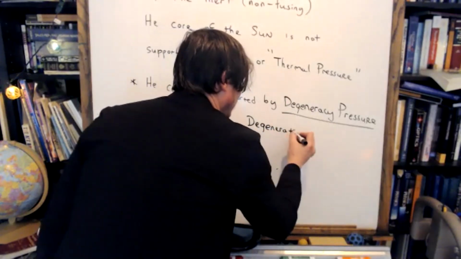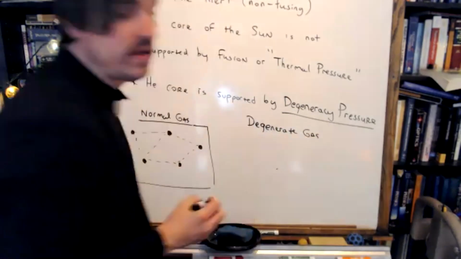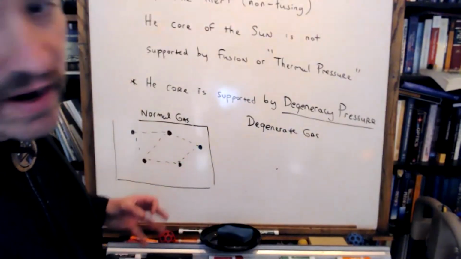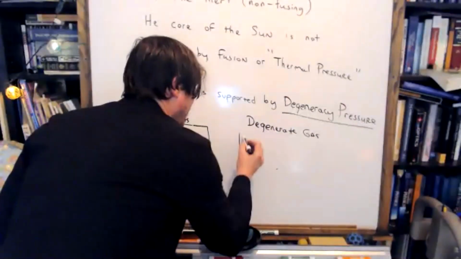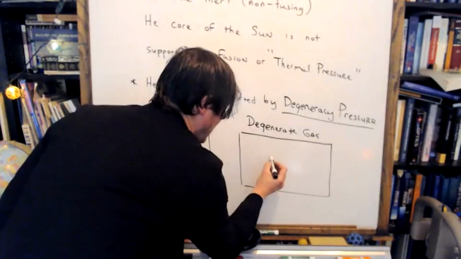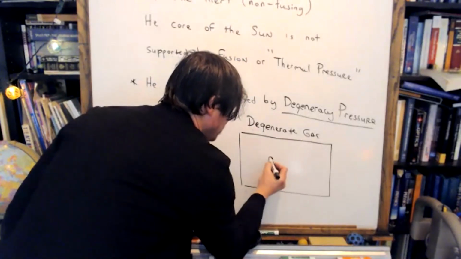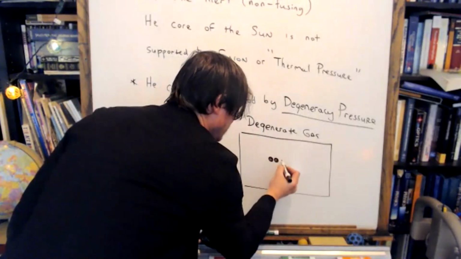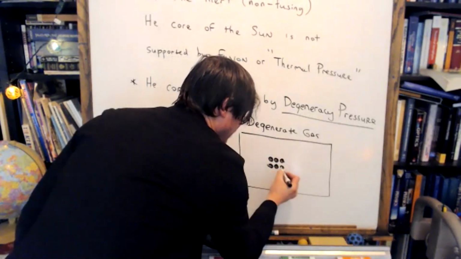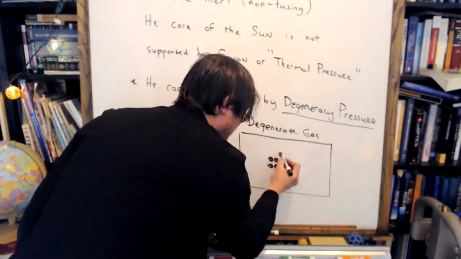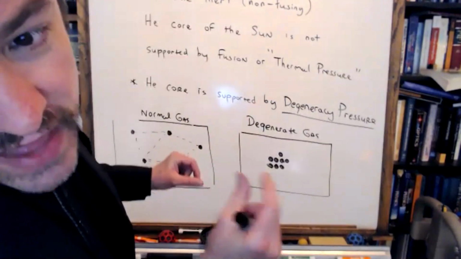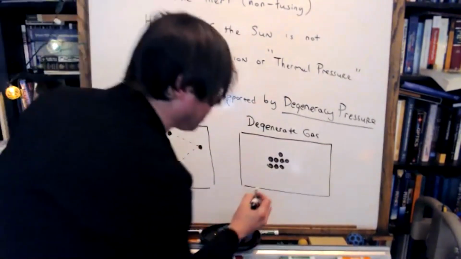In a degenerate gas, you squeeze them much closer together than they are comfortable being. In fact, in that helium core of the sun, the helium atoms have become so closely packed that the diameter of the atoms themselves is potentially greater than the, I don't know if you guys can hear me because I'm mumbling into the board, the diameter of the atoms themselves becomes greater than the interparticle separation.